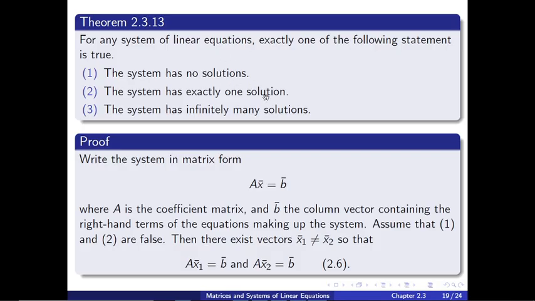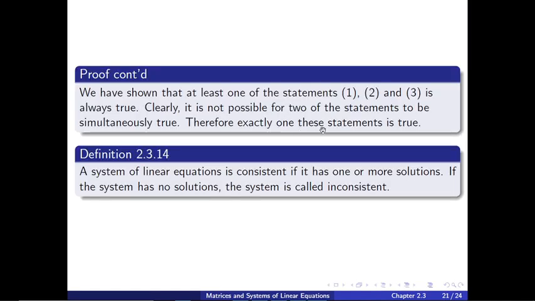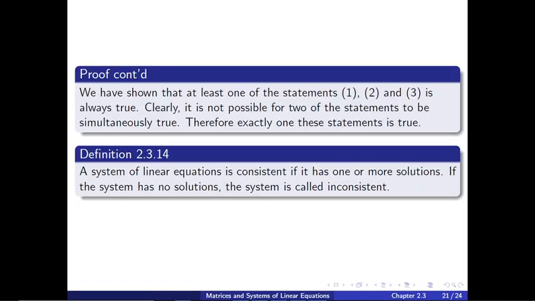So it means that at most one of the statements has to be true, and we have shown that at least one is true, so therefore exactly one of the statements is true, right? So we now have this theorem, and so we know what to expect whenever we are given any system. We know all the options, right?